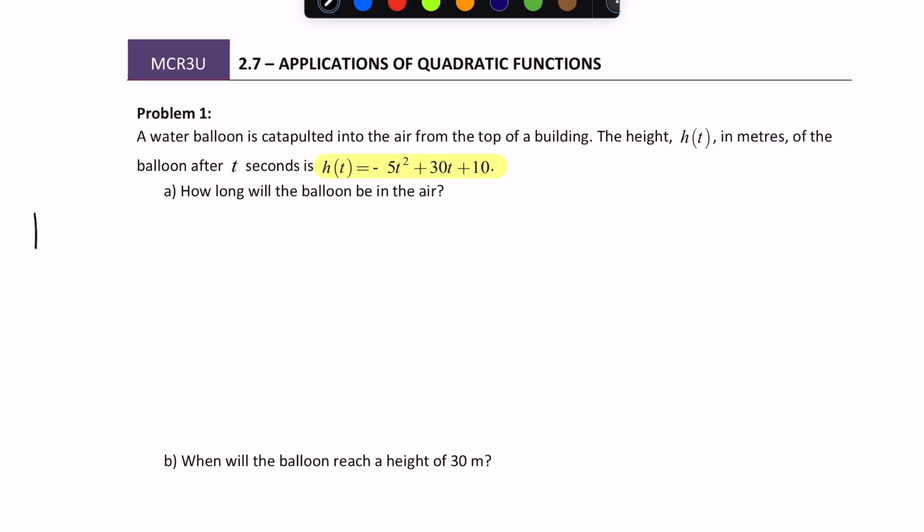So here, if we draw ourselves a little diagram on the left, we know that, because it's in standard form, our 10 value will be our y-intercept. This means that at the starting point, it will be at 10.